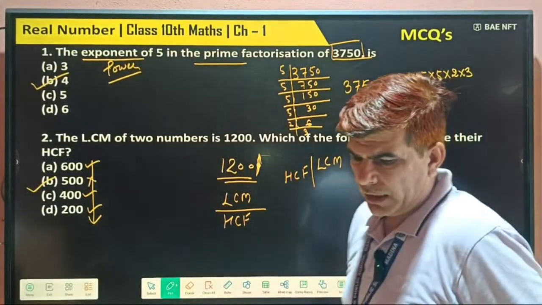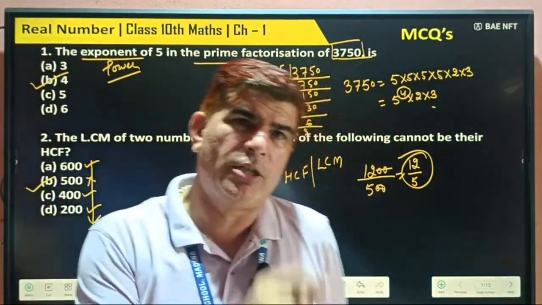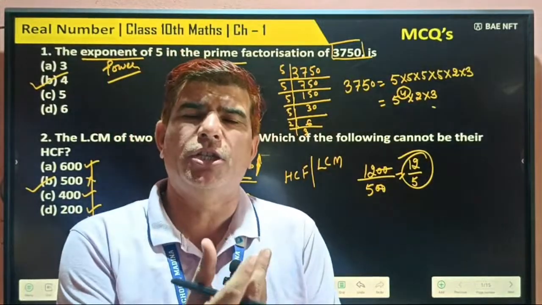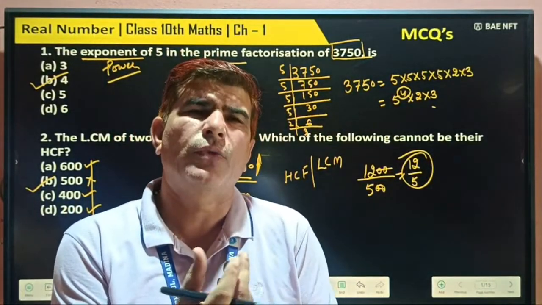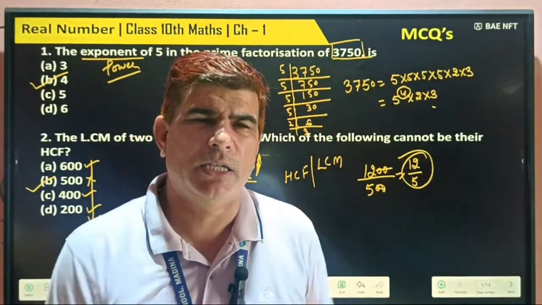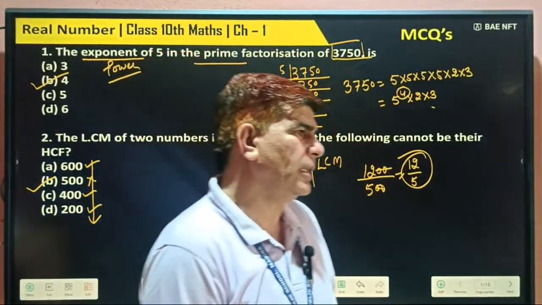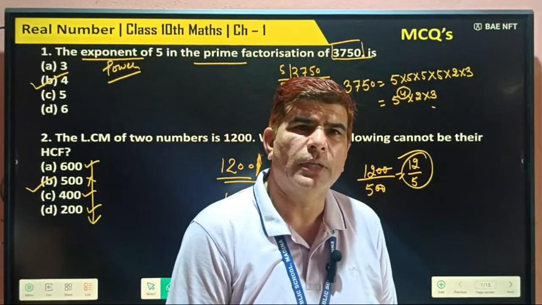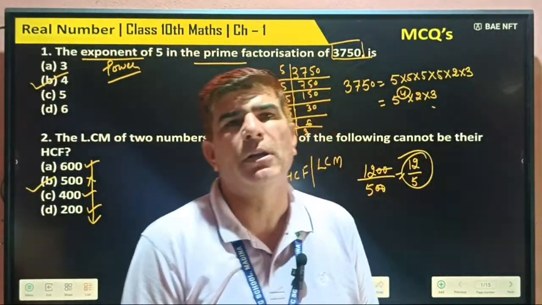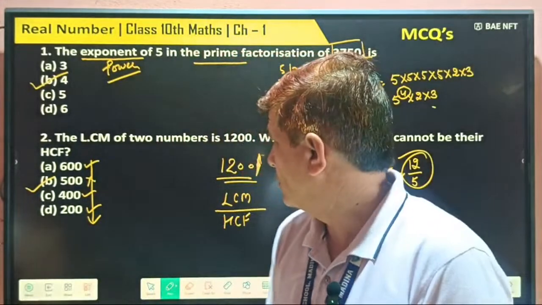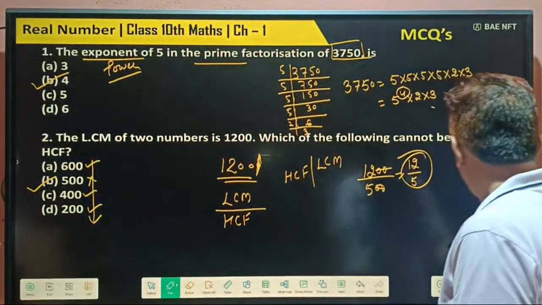But the LCM of two numbers is always divisible by the HCF of the two numbers. Or we can say the HCF is a factor of the LCM, or the LCM is a multiple of the HCF. Understood?